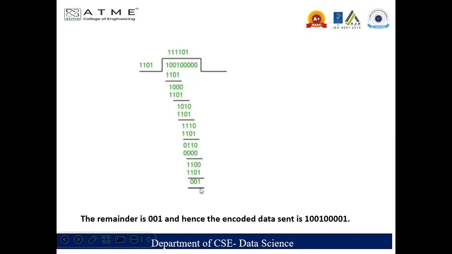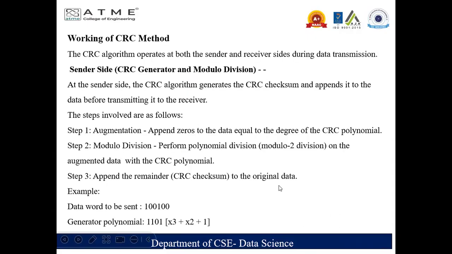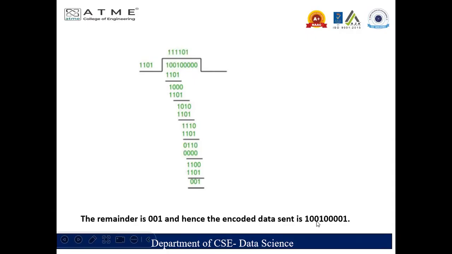Once the division is done, whatever remainder we get will be appended along with the data. So here the data is 100100, and to that we add 001, which is the remainder. This data will be sent to the receiver.